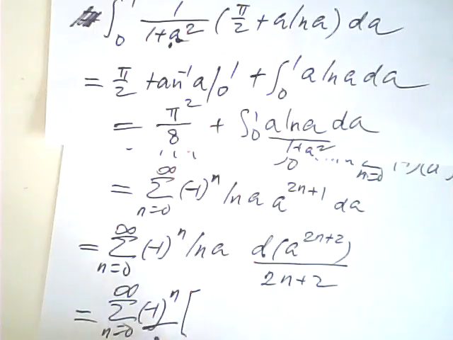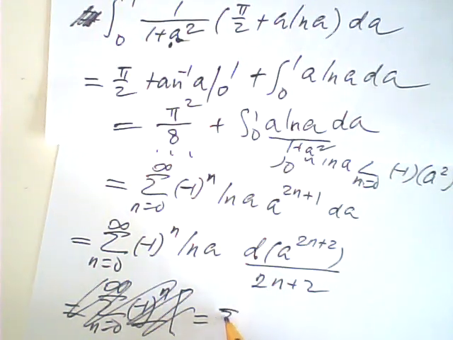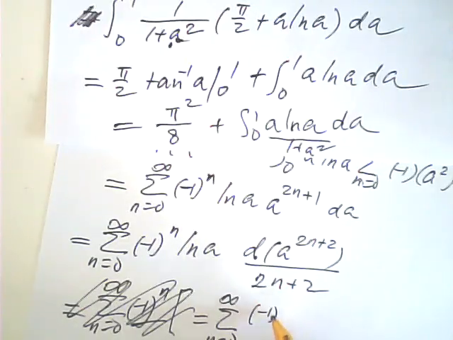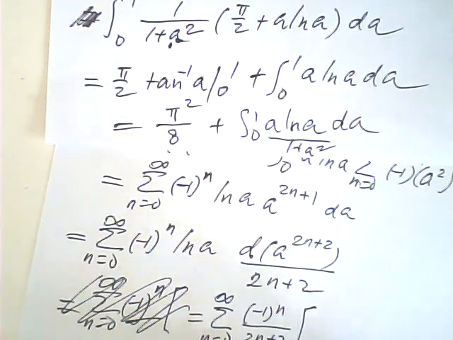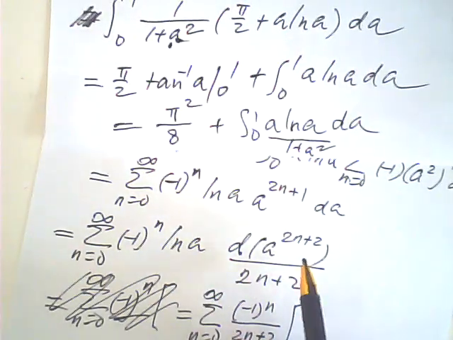I take this out. Let me write again: sigma, 1 over 2n plus 2, I take this out. Then by parts, u dv, right?